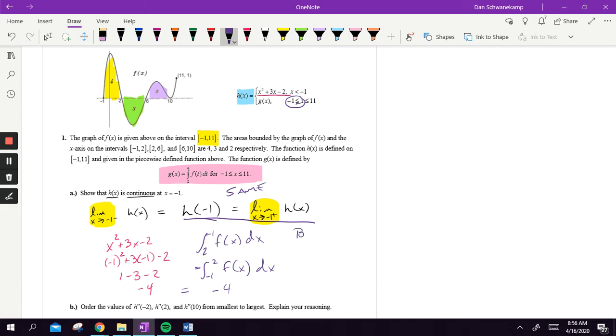I'm going to say because the limit as x approaches -1 from the left of h is equal to the limit, I'm running out of space here, as x approaches -1 from the right is equal to h of -1, which is equal to -4.